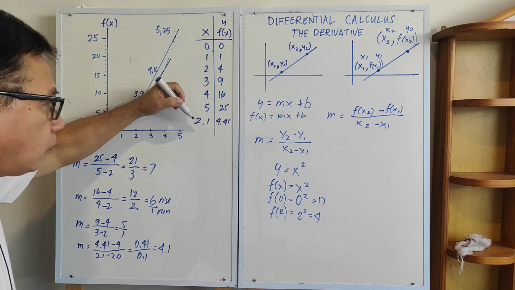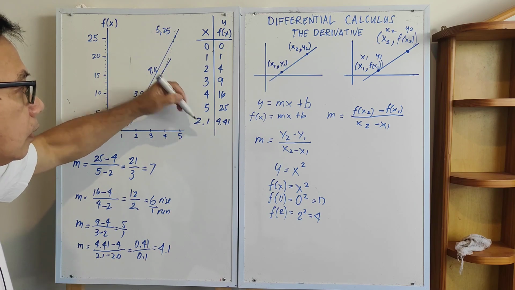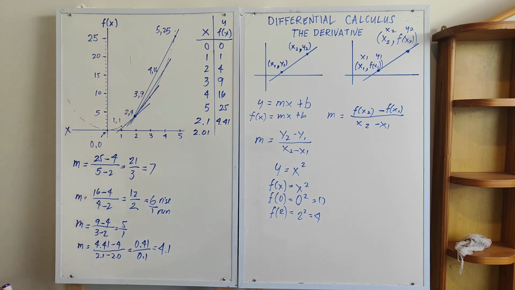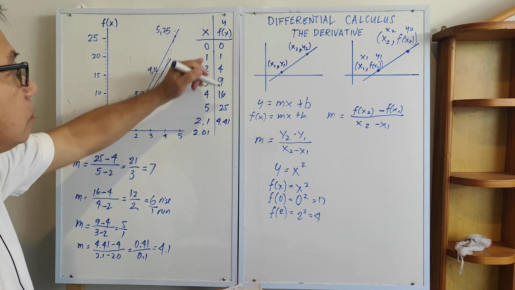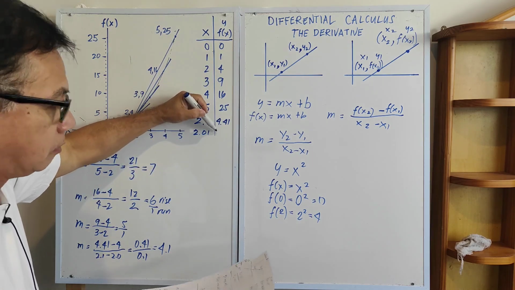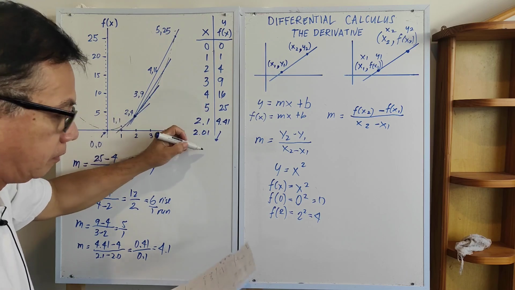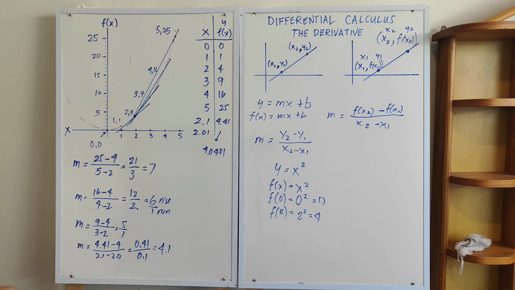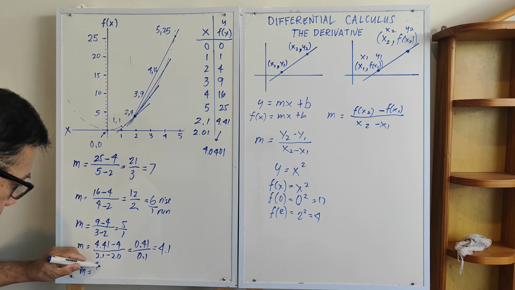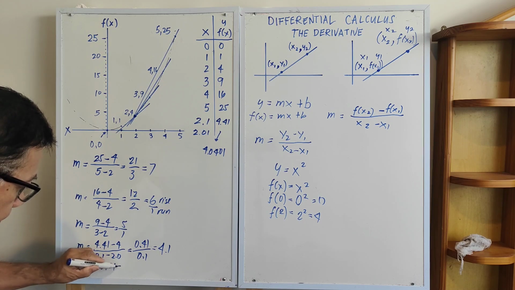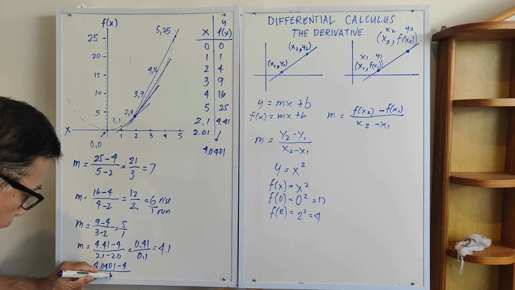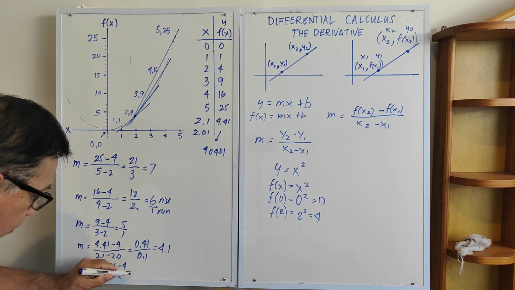Now we'll put another one, much closer to 2 than 2.1. So let's say 2.01. If you square this one, the function of x would be 4.0401. So the slope at that point would be 4.0401 minus 4 over 2.01 minus 2.